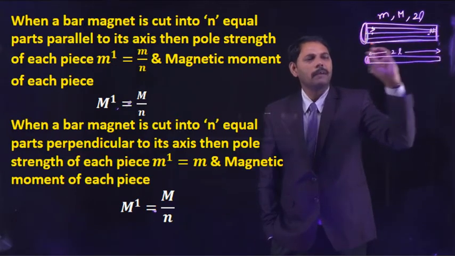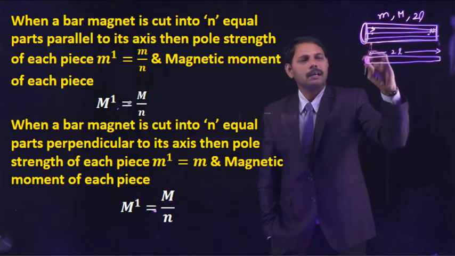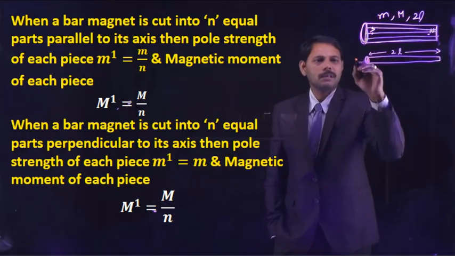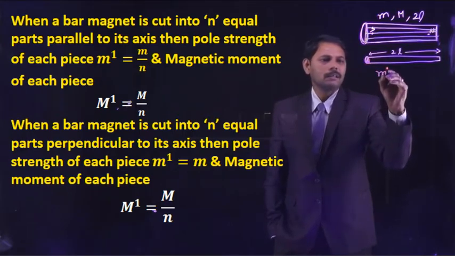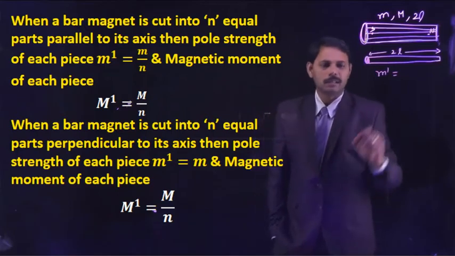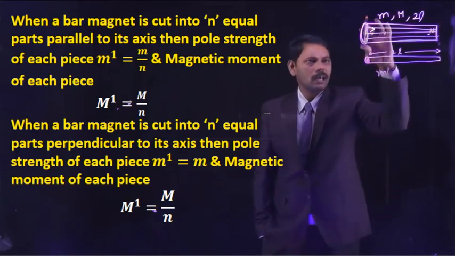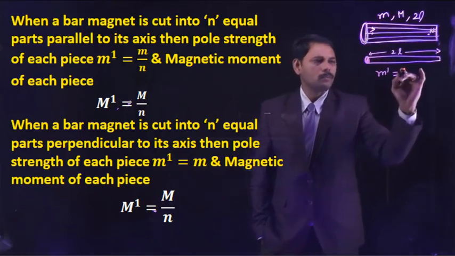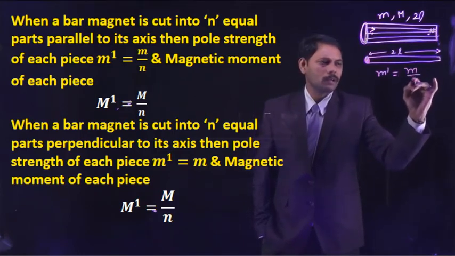As the area reduces by n times, the pole strength, the ability of attracting magnetic material, also reduces by the same amount. Now the pole strength becomes m by n.